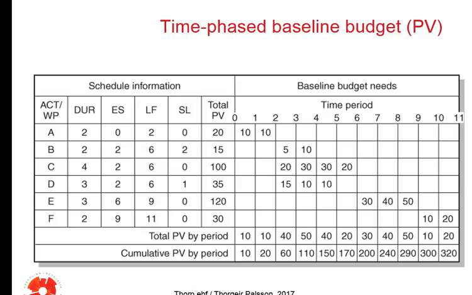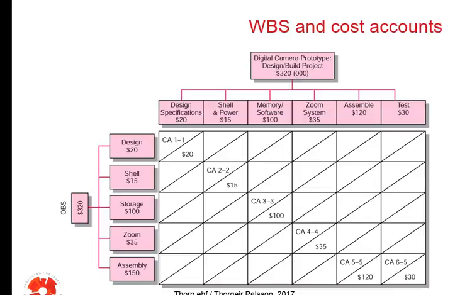And here you have the time periods and the planned value for activity A, which is 20, 10 for each time unit, and we have 2 time units as indicated here in duration. And you just put this in here, 5 and 10, 20, 30, etc. This adds up to 100. And just to show you where this is taken from, remember A, 20.